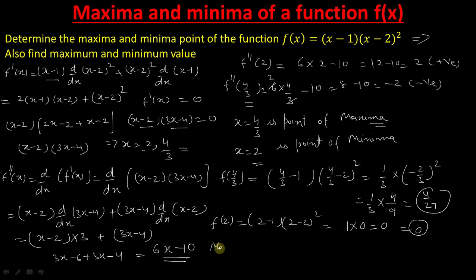So the maximum value of the function is 4 by 27, and the minimum value of the function is 0, and the point of maxima is 4 by 3, the point of minima is 2. So that is how you find point of maxima and point of minima.